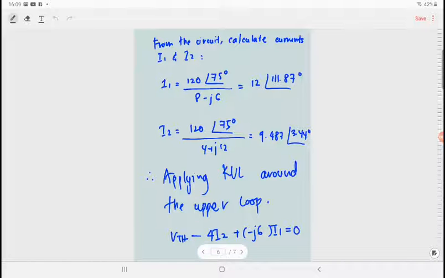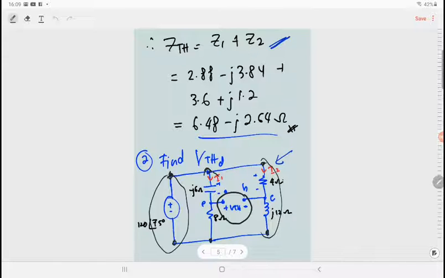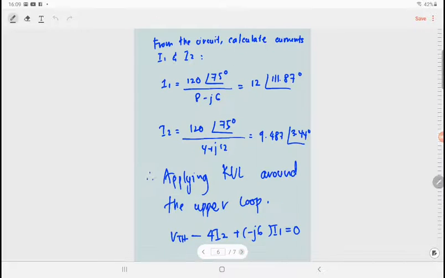I1, like I said, is the voltage drop across, which is equal to the voltage supply. Therefore, I1 is 120 at 75 degrees divided by 8 plus j6. So you get 12 with a phase shift of 111.87 degrees, right?